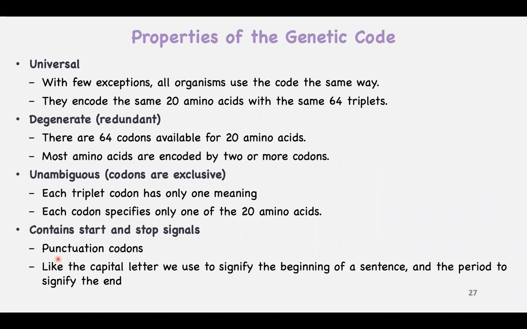It's like punctuation, like the capital letter we use to signify the beginning of a sentence and the period to signify the end. Okay, that is the genetic code. It has to be universal, degenerate, unambiguous, and contain start and stop signals.